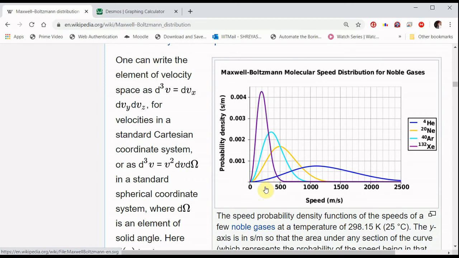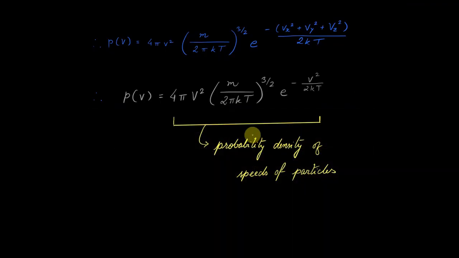That is, when the computer is assigning the speed to those 1,000 particles, the probability of assigning a speed in between this range is actually more. And so more particles with these speeds will turn up within those 1,000 particles. That is precisely what it means to pick a speed from a probability density.